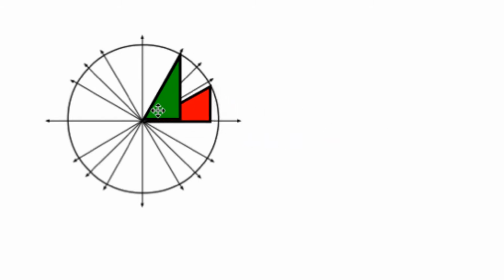So notice, just to review what we did before, that the y value is going to be the sine. Therefore, the sine of 60 is greater than the sine of 30. The x value is the cosine. The cosine of 60 degrees is less than the cosine of 30 degrees.